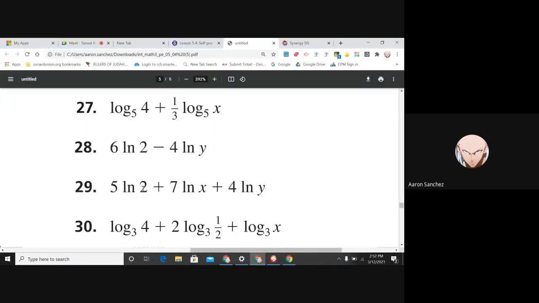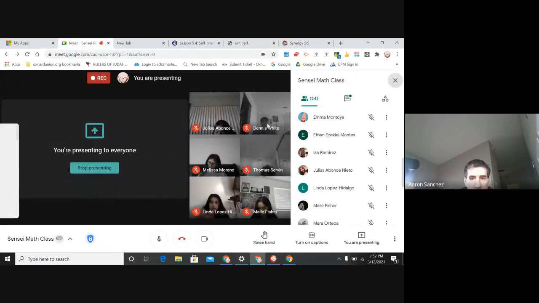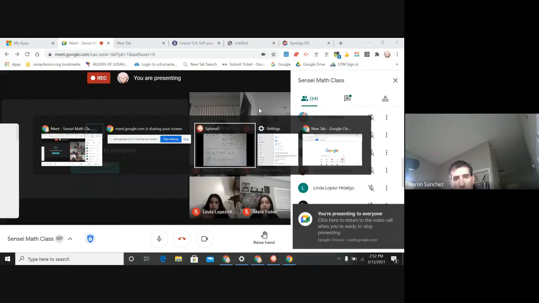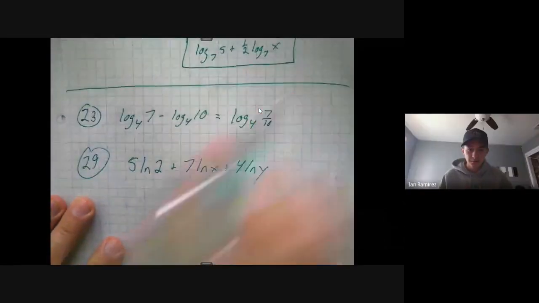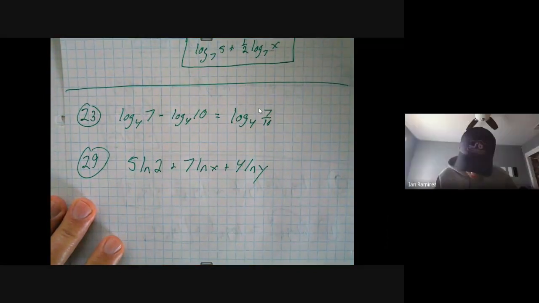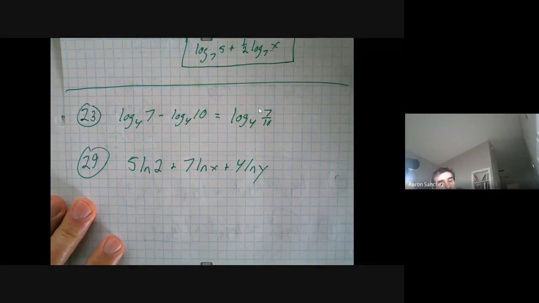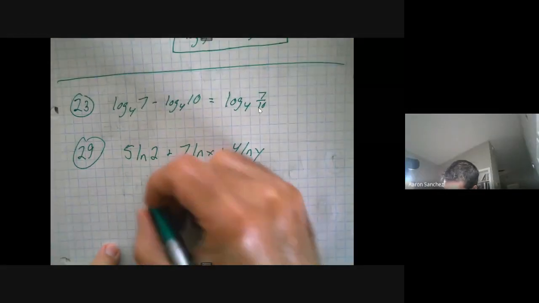What is my base for the natural log? Let's go with Ian. What's my base for the natural log? I'll give you a hint. It starts with the letter E. E. Yep, that's right. Log base e. Do you remember that? Yeah, now I remember it from last lesson. There you go. Very good, Ian.